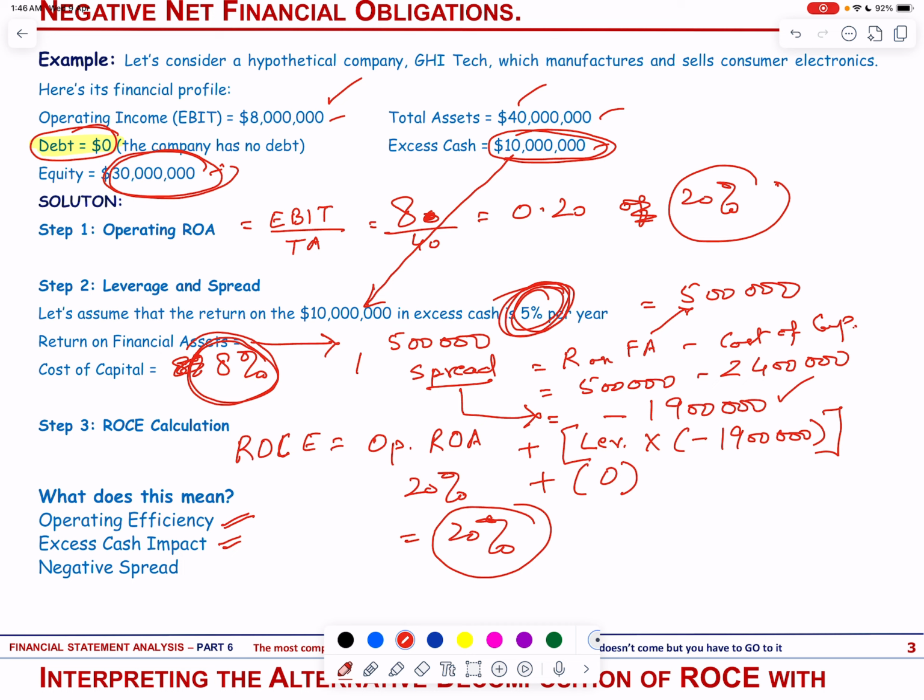Now, negative spread occurs because the company is earning 5% on its excess cash, but its cost of capital is 8%. This means that the cash holdings are actually diluting the company's overall return because they are not earning enough to meet the required return for investors.